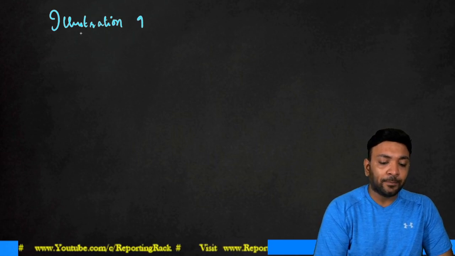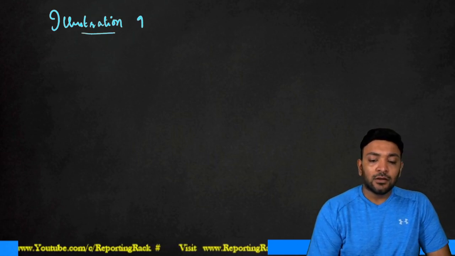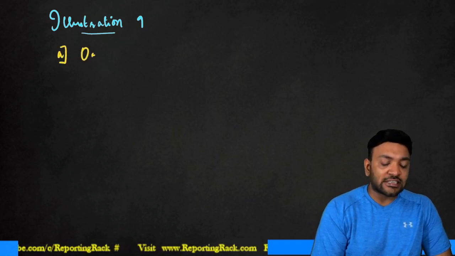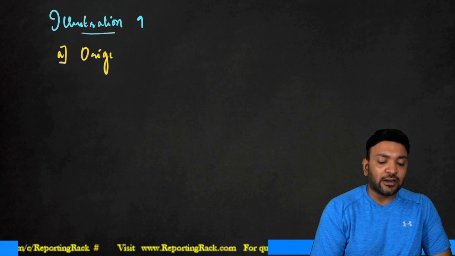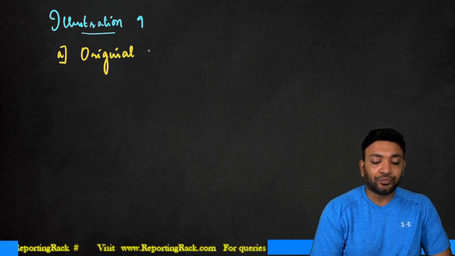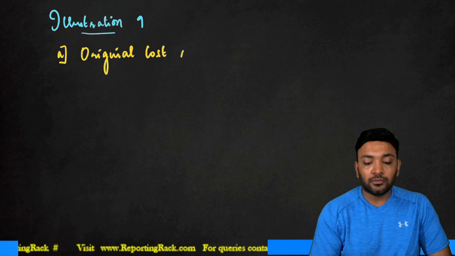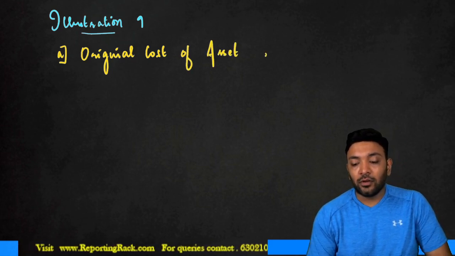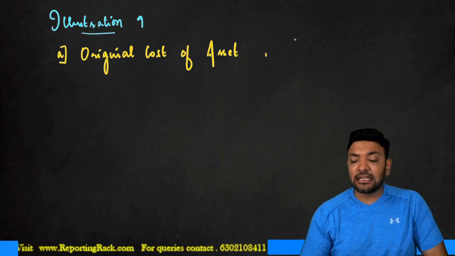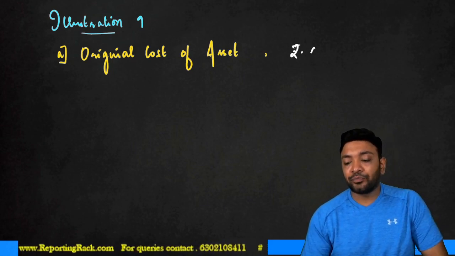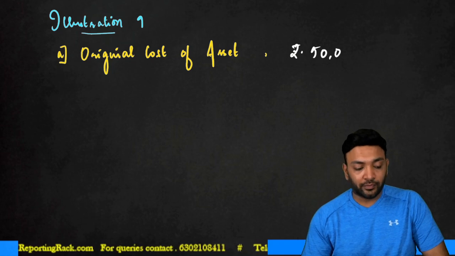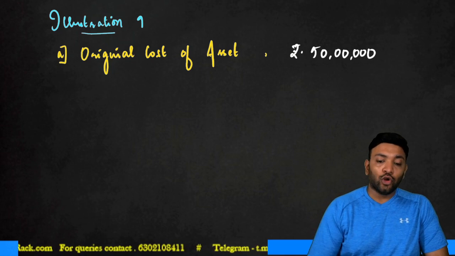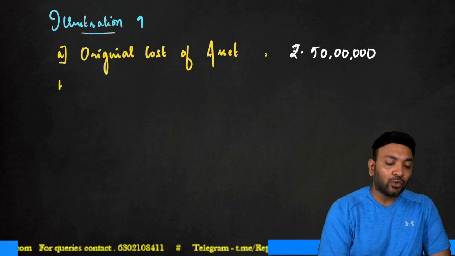Illustration 9. Start with the first one. What is the original cost of the asset? The first acquisition cost of the asset. $5 million is nothing but 50 lakh. Right? Moving into the second part.